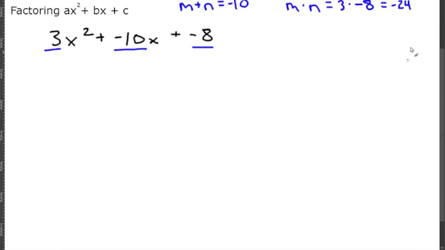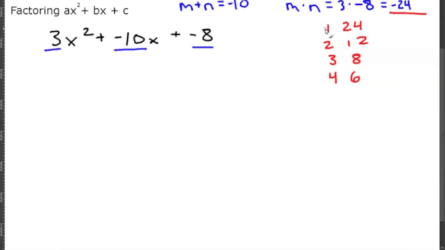So let's look at the factors of negative 24. That would be a 1 and a 24, a 2 and a 12, a 3 and an 8, or a 4 and a 6. Since our ac is negative and our b is negative, that means at least one of these factors is going to be negative.